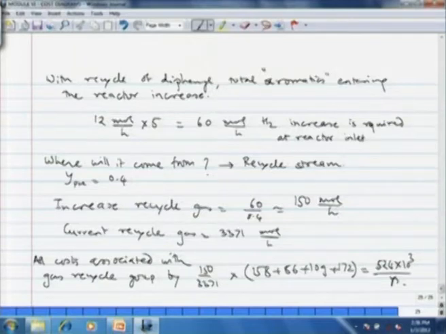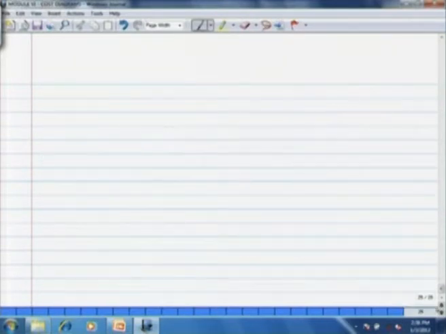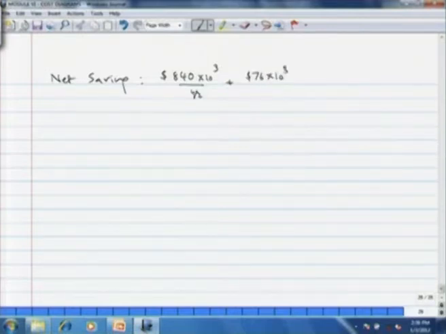Okay. And then the net saving is the cost of toluene that is saved, that we estimated at $840,000 per year, plus the cost of toluene column that we eliminated, minus the cost of the liquid recycle stream $14,000 and the cost of gas recycle stream $24,000.